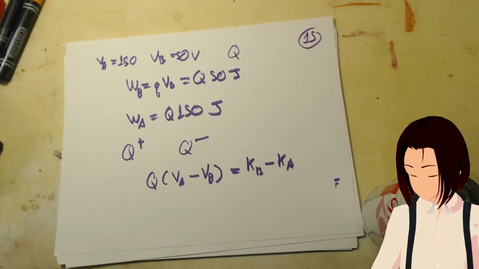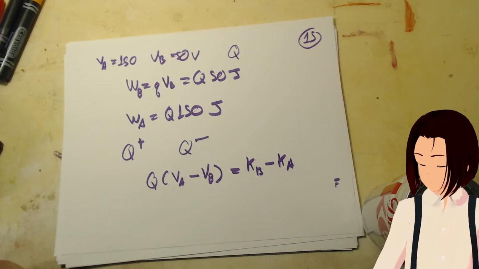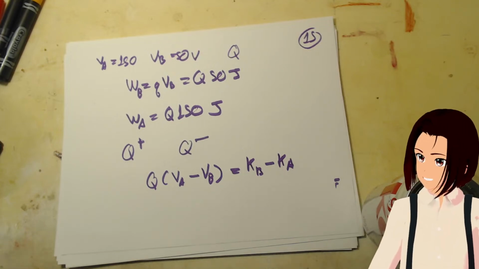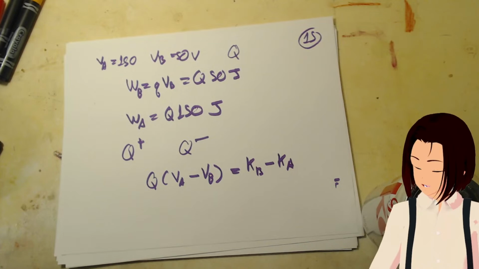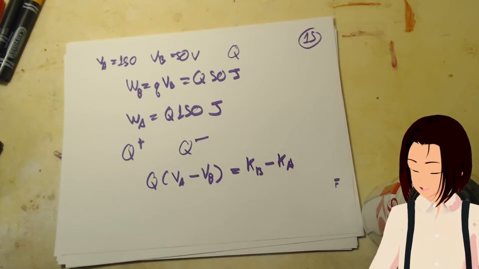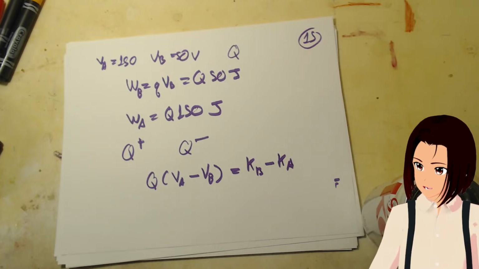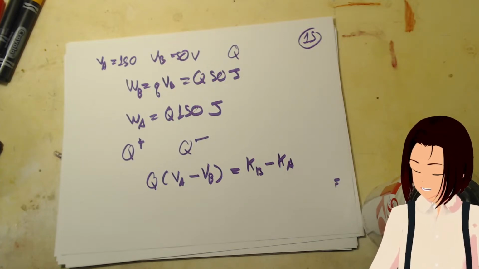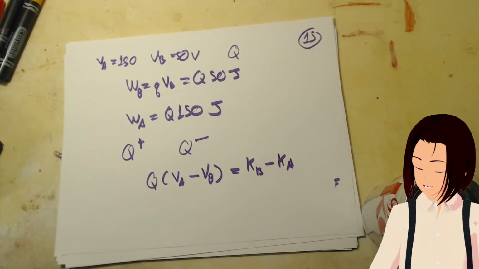This is what the physical concept of potential difference is. And now there's a connection between electric potential and electric fields, because if you take the integral of electric field, you get electric potential.